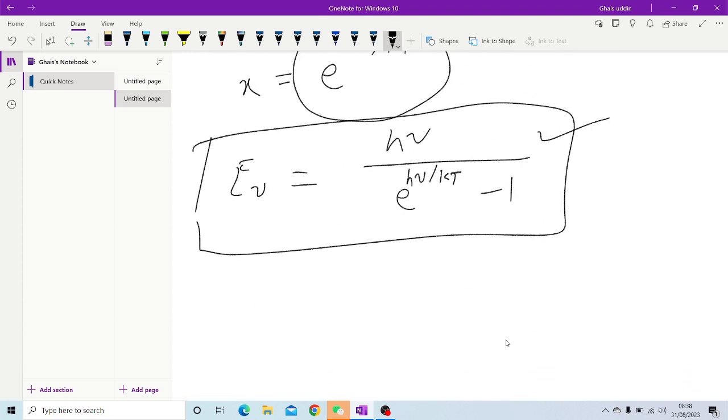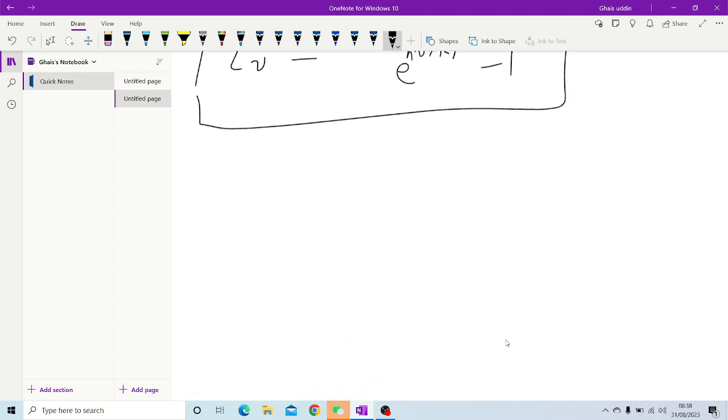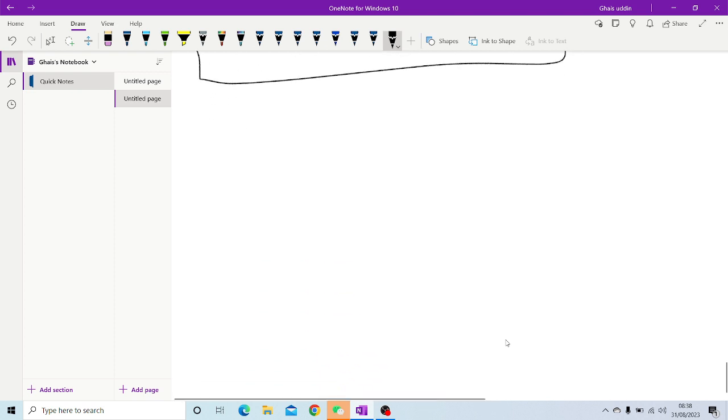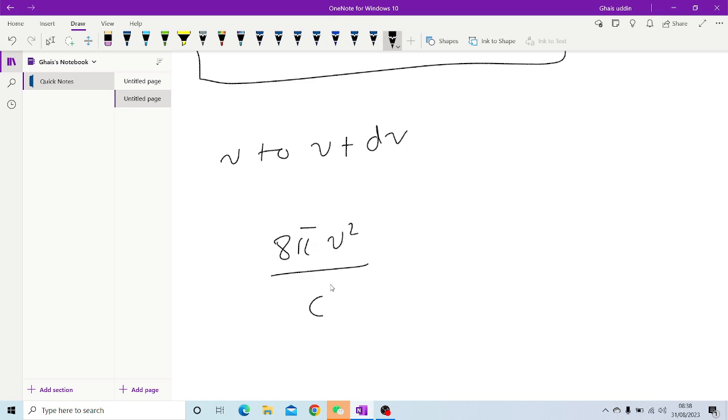Now what Planck did here: from Rayleigh-Jeans law, the number of modes in the frequency interval from nu to nu plus d nu, we know that this is equal to 8 pi nu square divided by c cube d nu.